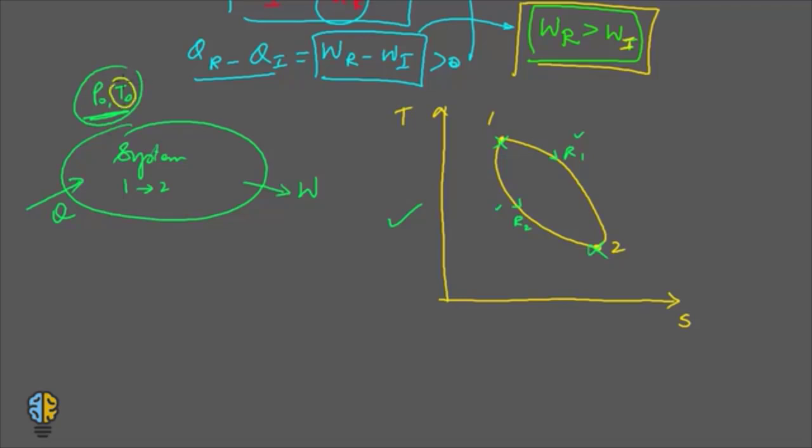Now let us reverse one of these paths. Let's reverse R2 and make it in this direction.